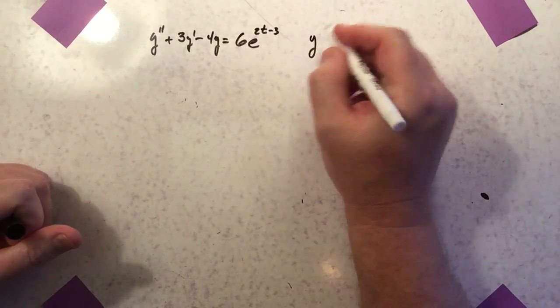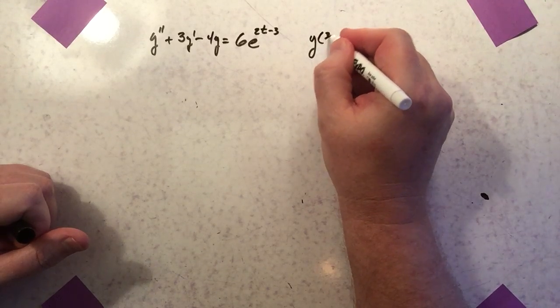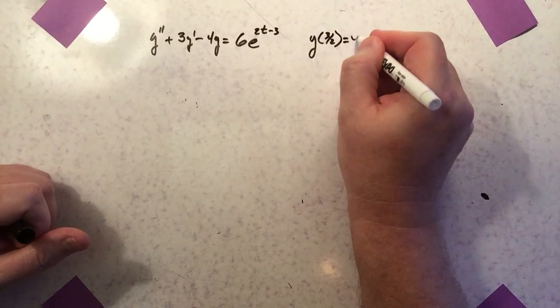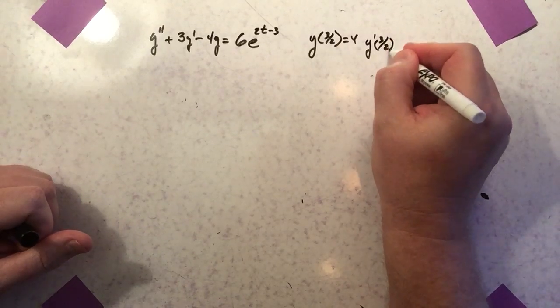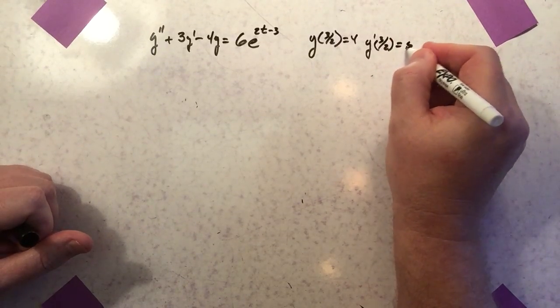Here are the initial conditions. Y at 3/2 is 4, and y prime at 3/2 is 5.